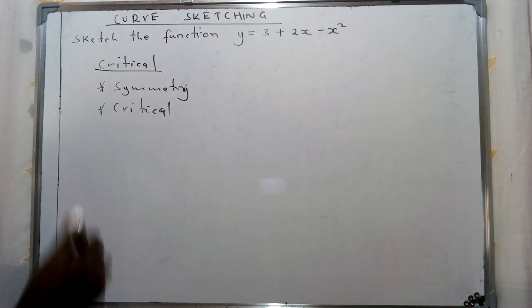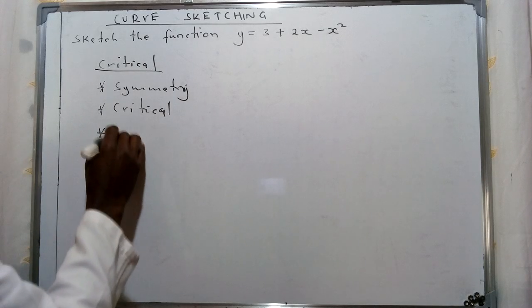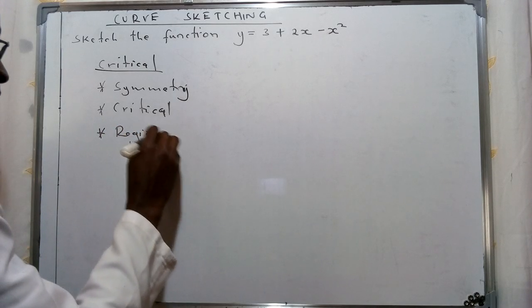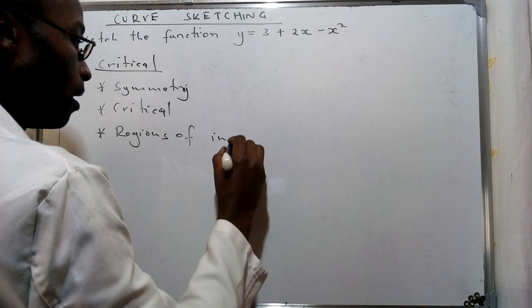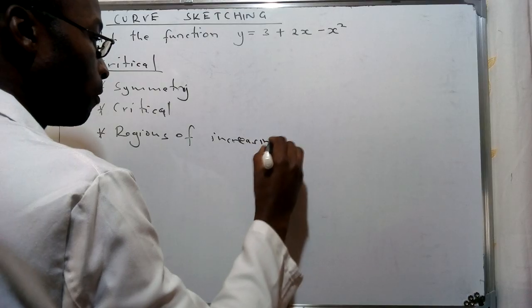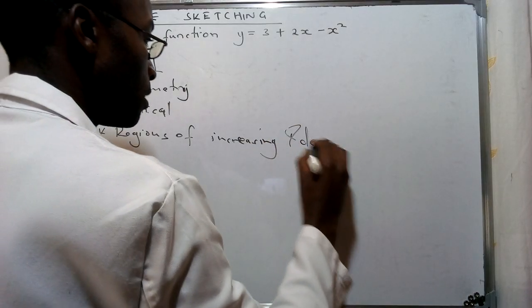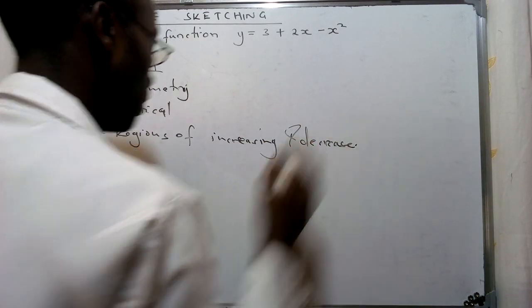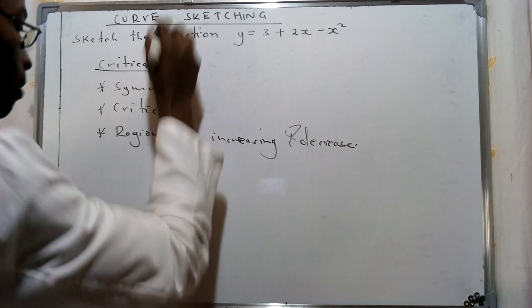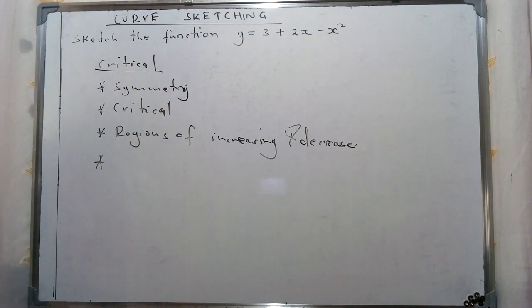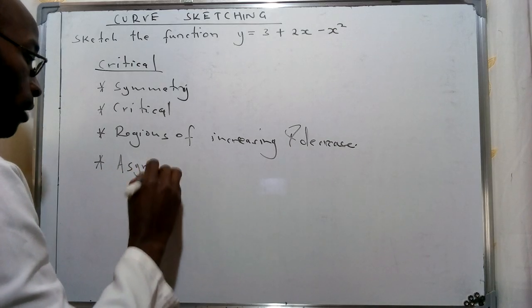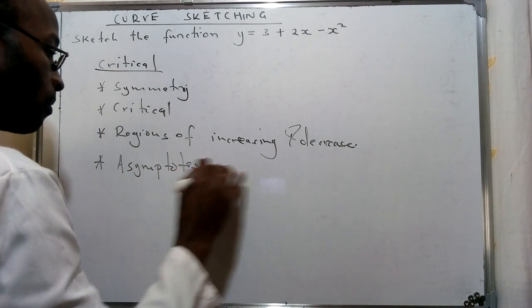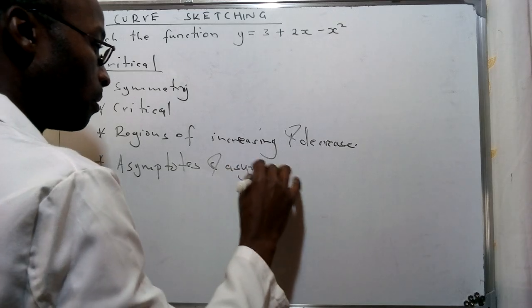As well, we need a knowledge of the regions of rising or increase and the decreasing sections of the curve, which I have also done. So we require that specific knowledge to perform the concept of curve sketching. We also need to know what we refer to as asymptotes and asymptotic curves.